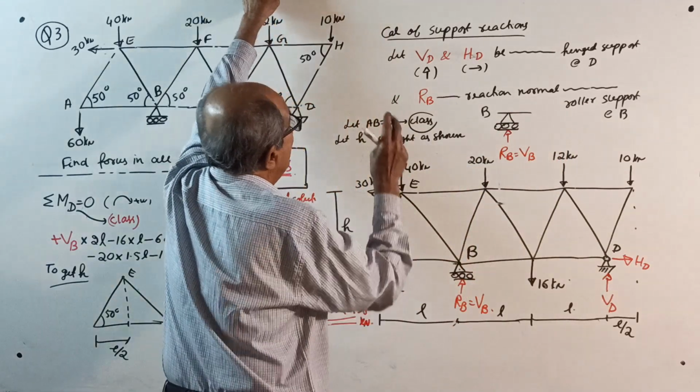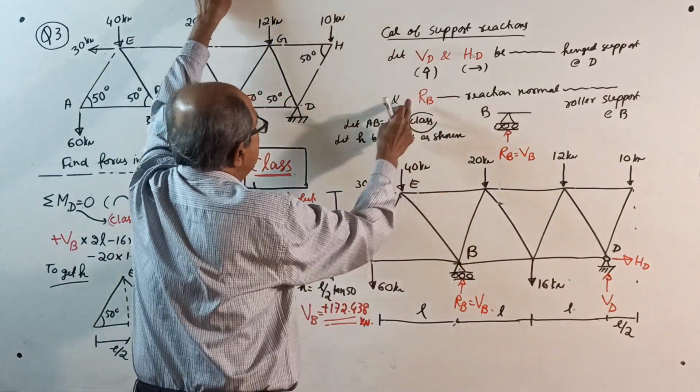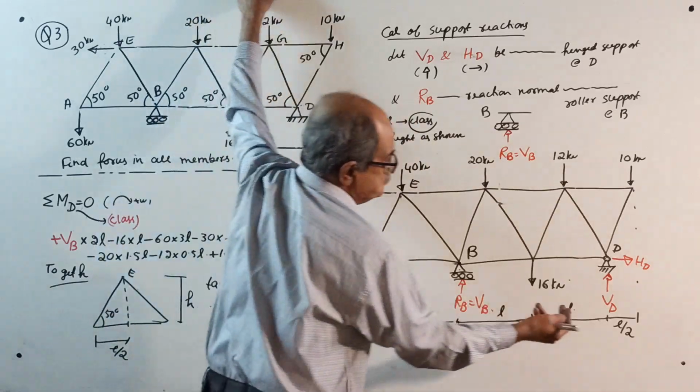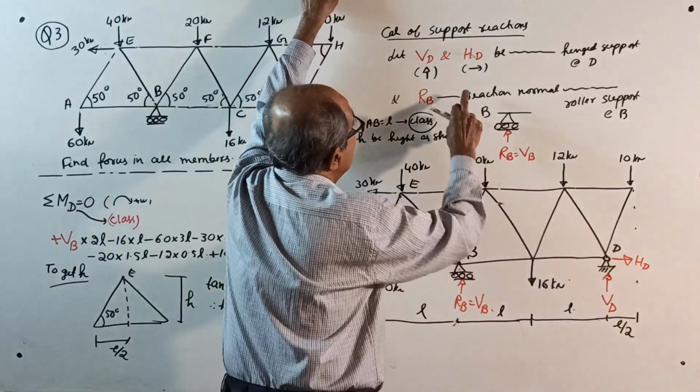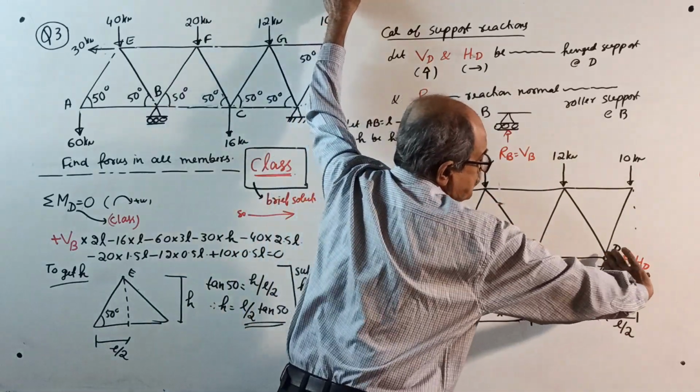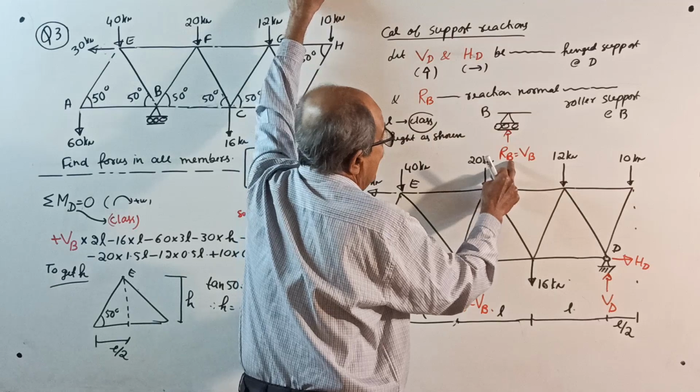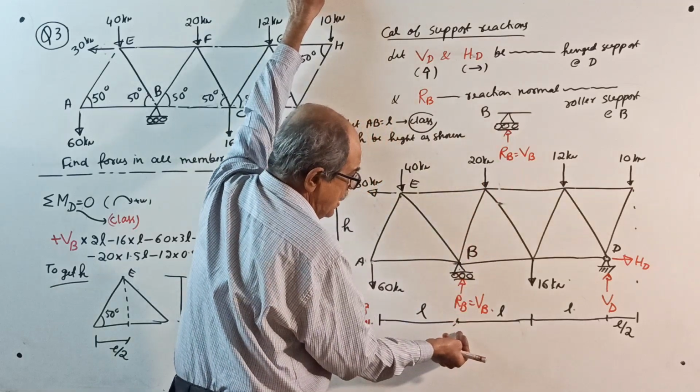Now I will assume vertical reaction VD upwards, horizontal reaction HD to the right side, and VB upward.